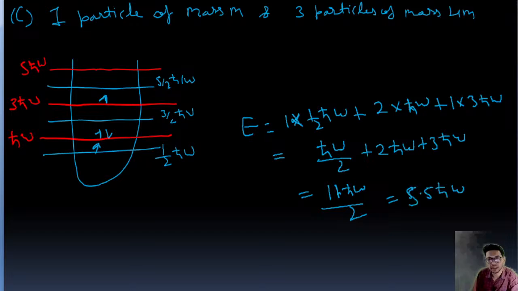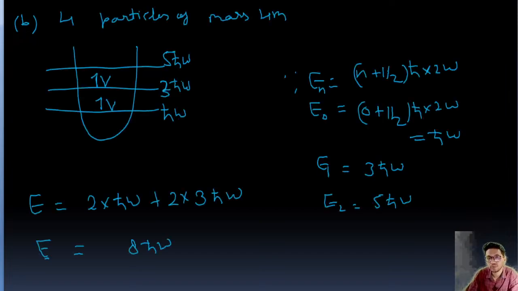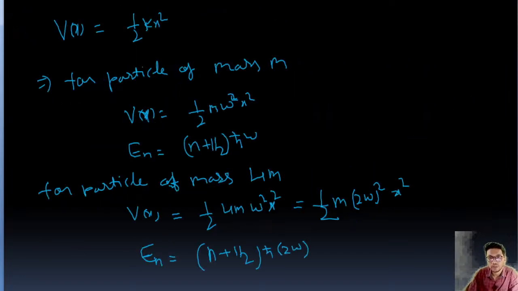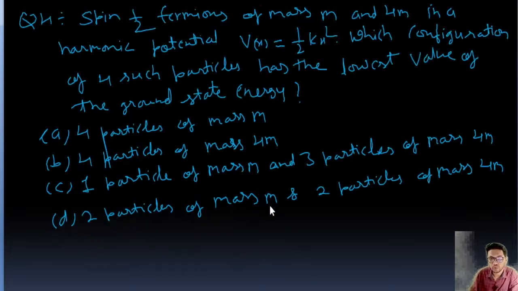Now option D is this one: two particles of mass m and two particles of mass 4m.